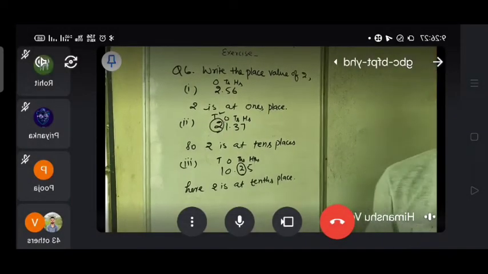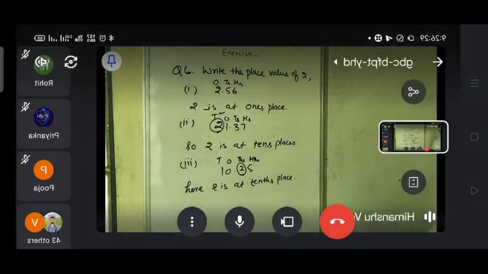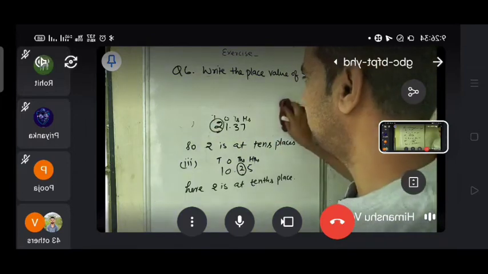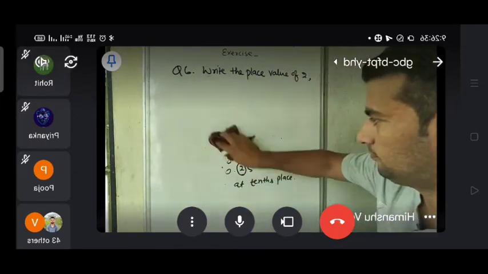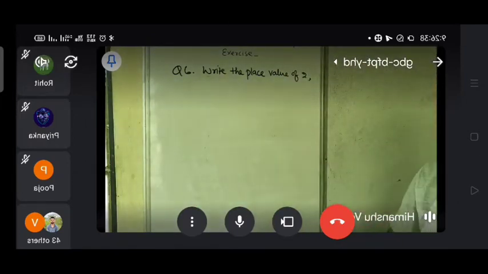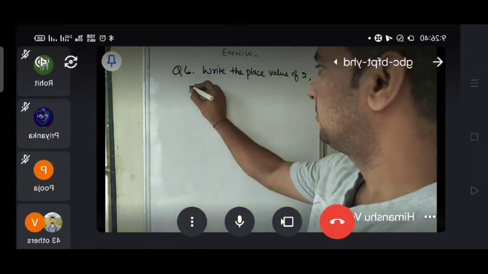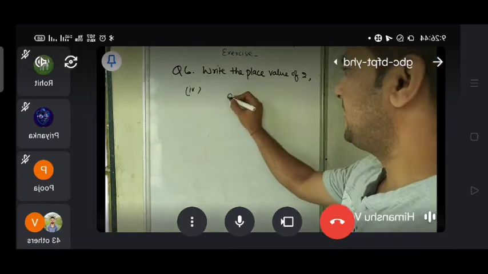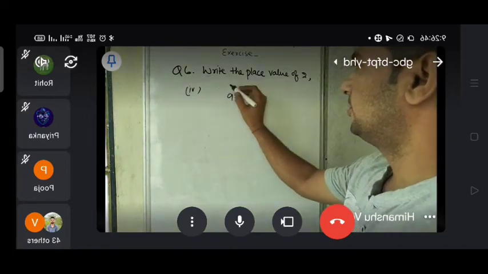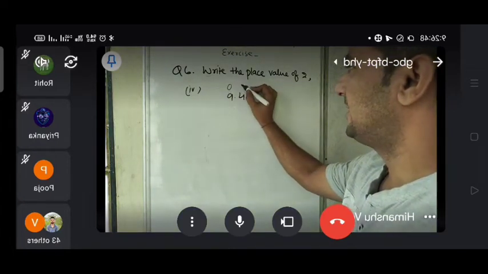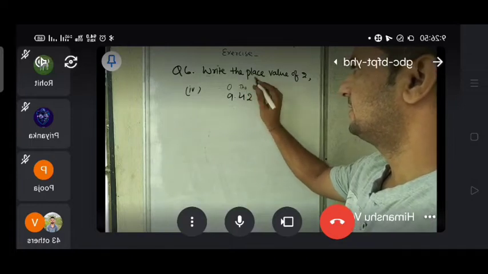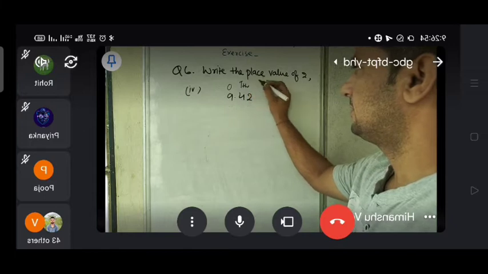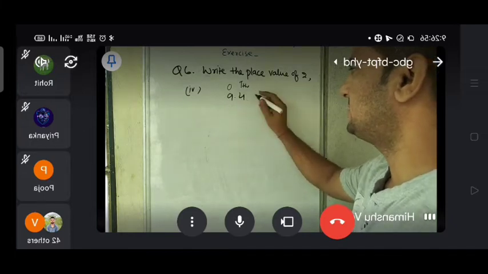Now look at this. Now come to the next part of the same question, part number 4. The number is 9.42. This is ones place, tenth place, and this is hundredth place.